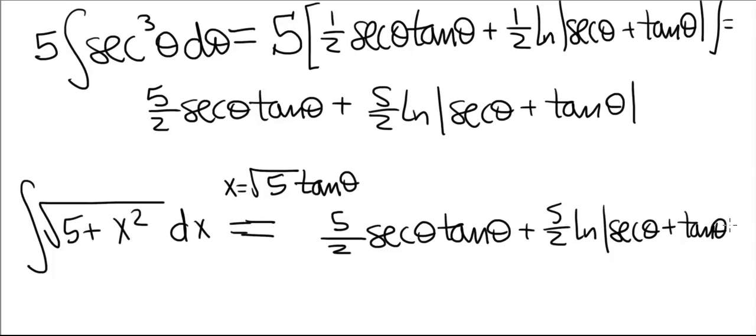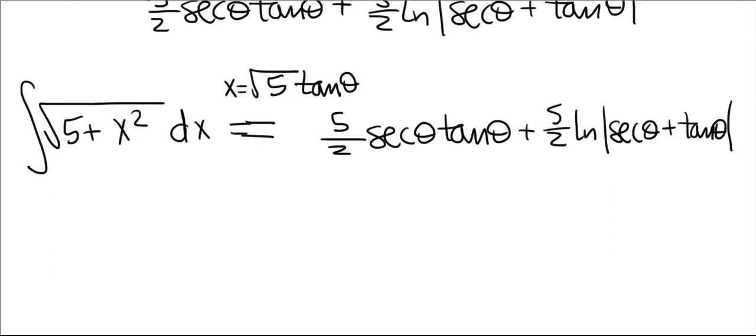This is an answer in variable theta, but the integral was in variable x. We must have the final answer in variable x. So, going back to our substitution, tangent of theta is x divided by the square root of 5.